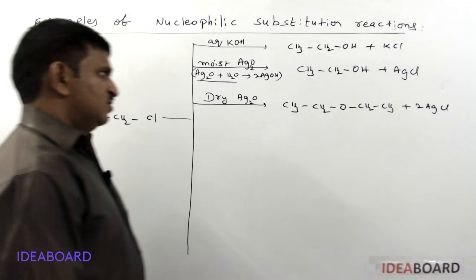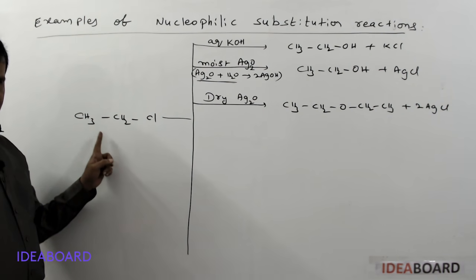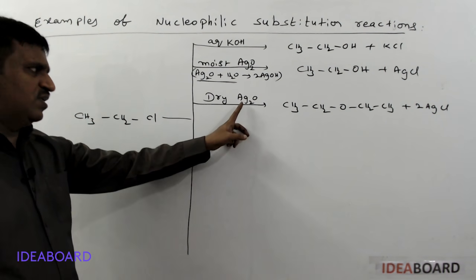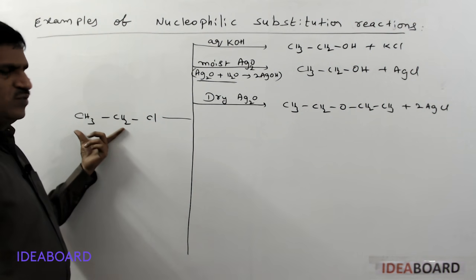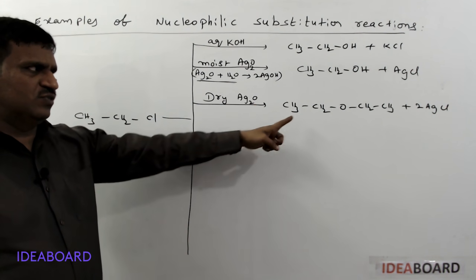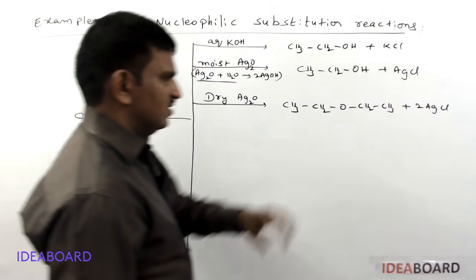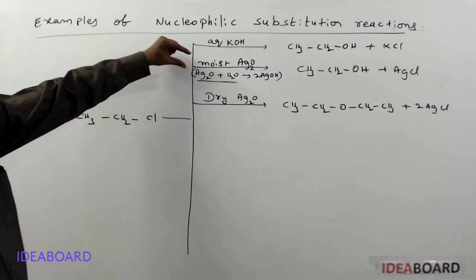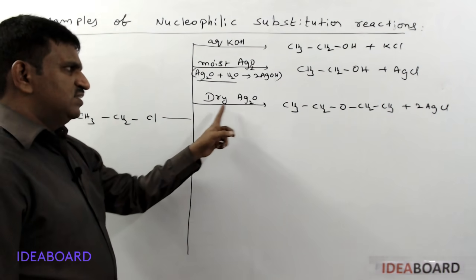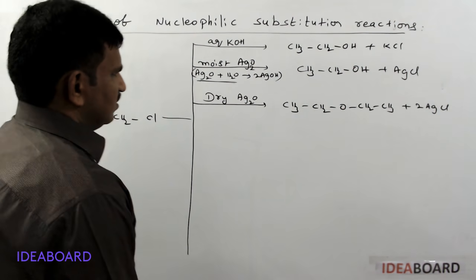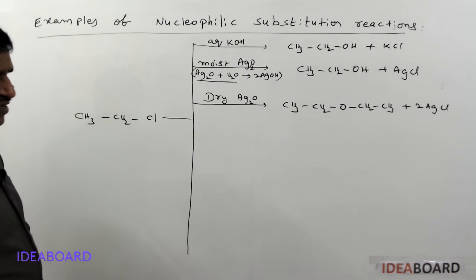Two silver and two chlorine atoms are released as 2AgCl, and two ethyl groups and one oxygen are present, so you will get diethyl ether. So please remember, if moist silver oxide is given, you will get alcohol. If dry silver oxide is given, you will get diethyl ether.